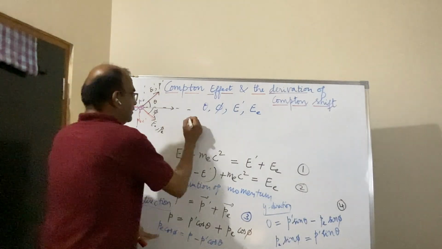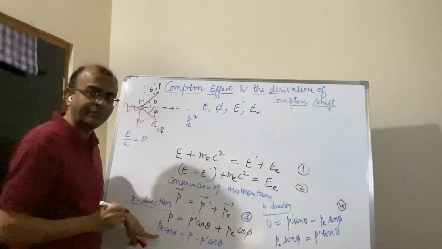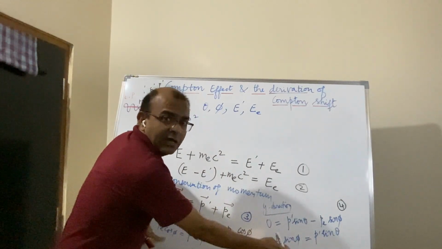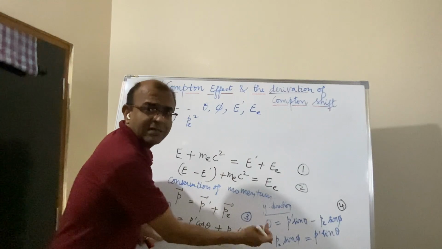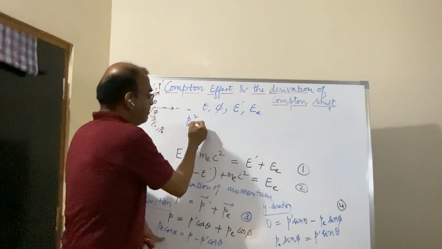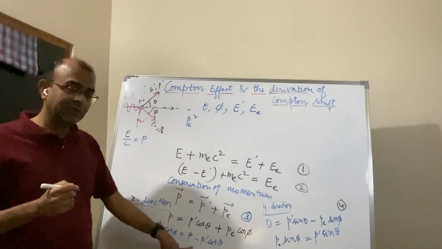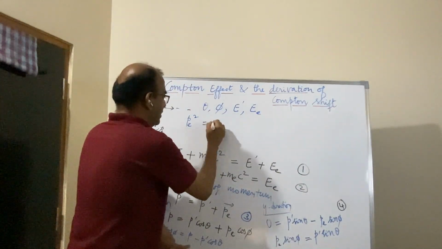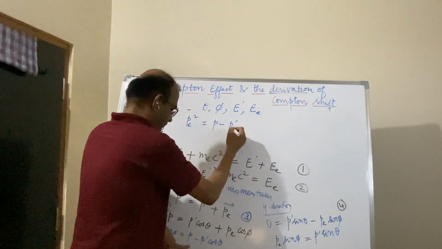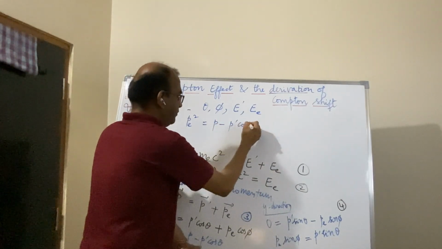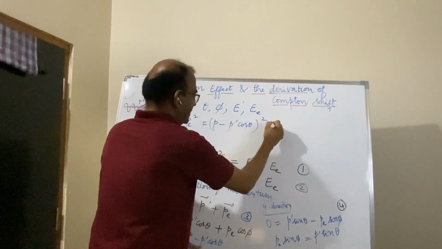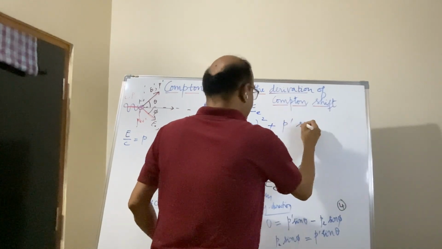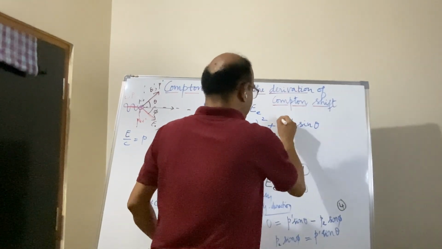Pe squared cos squared phi on the left side, and here Pe squared sin squared phi. If you add it up, sin squared phi plus cos squared phi is 1. Therefore, we get Pe squared only. The other terms we have are P minus P prime cos theta whole squared plus P prime sin theta squared.